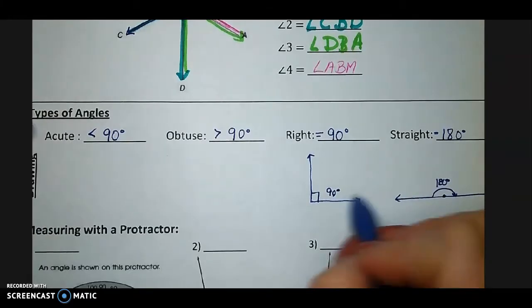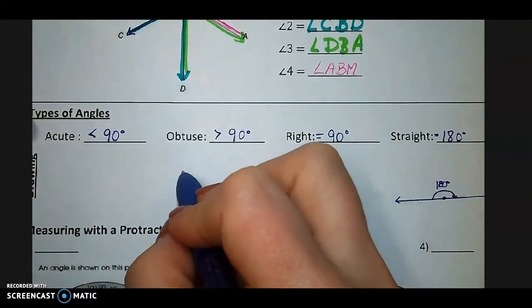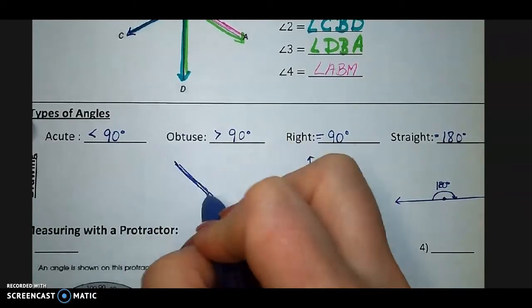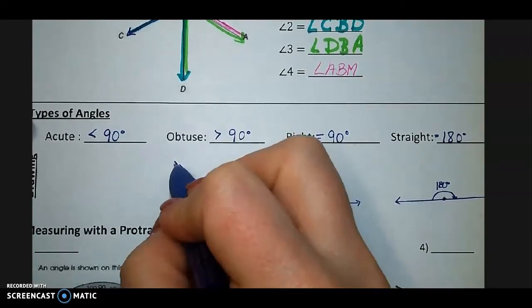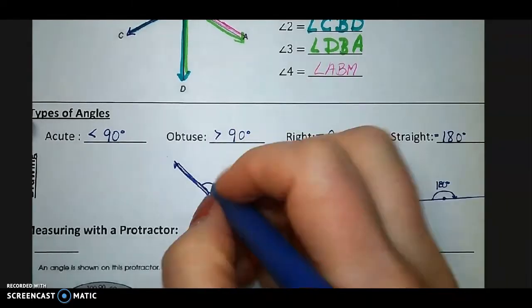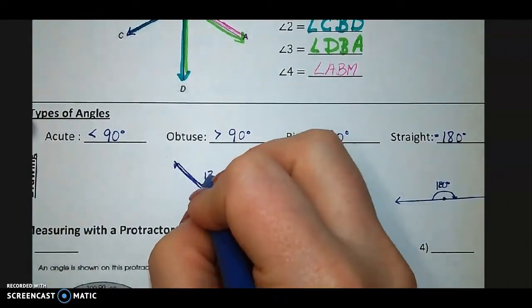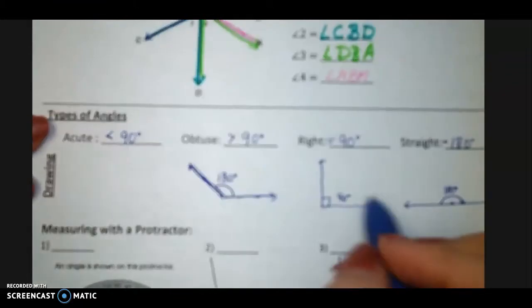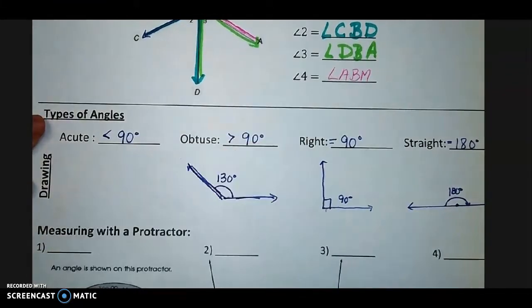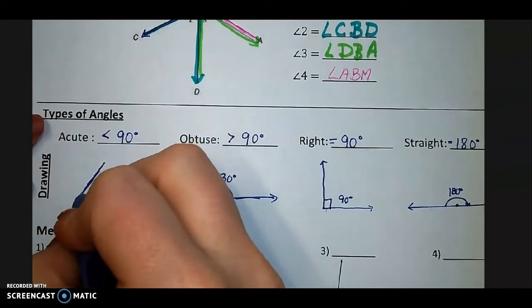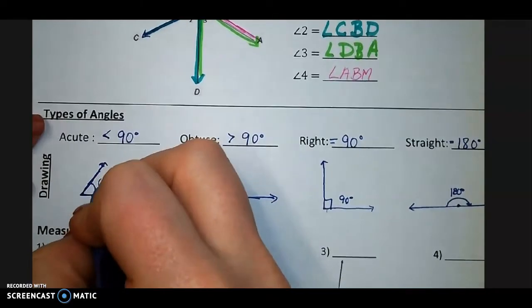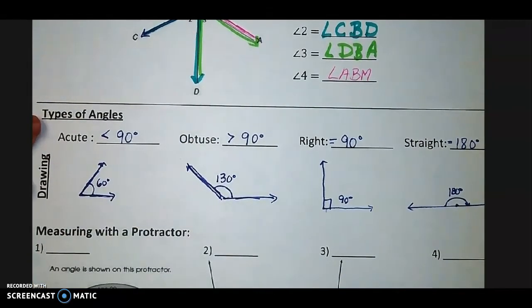So my obtuse angle is going to be in between these two. So it's not quite straight, but it's bigger than 90. So for instance, that could be like 130 degrees, we'll say. My acute angle then is going to be smaller than my right angle. So say that's like a 60-degree angle, so something less than 90.